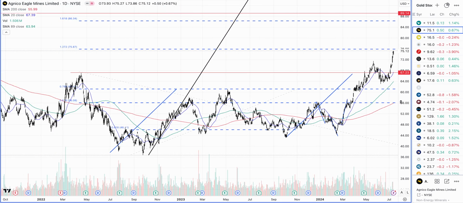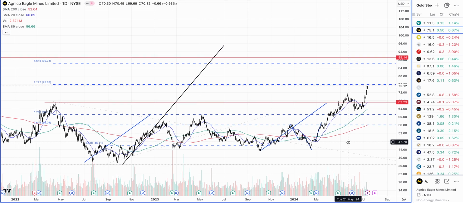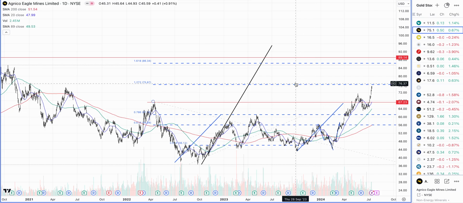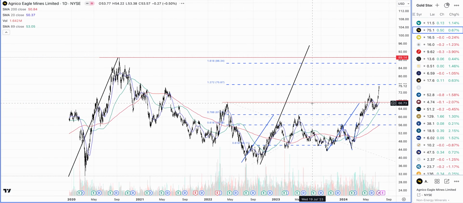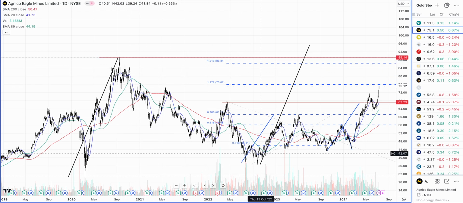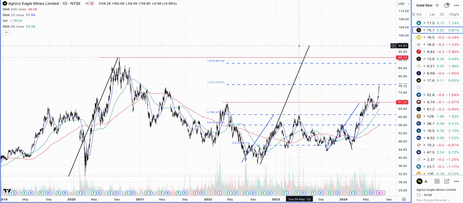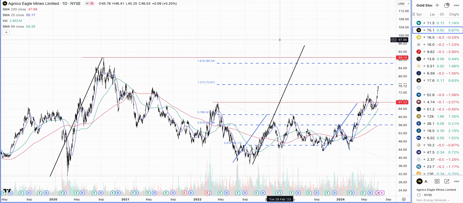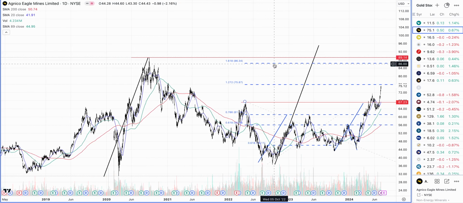I think we were already looking at it on the daily chart. We have some patterns drawn here. So what we were watching for was this shorter term 75.87. The market is already pretty much there, so that's good. And then we have this bigger ABCD, which could actually see the stock rise to about 95. It is about 75 at the moment, so $20. There you go. And that's just the ABCD.